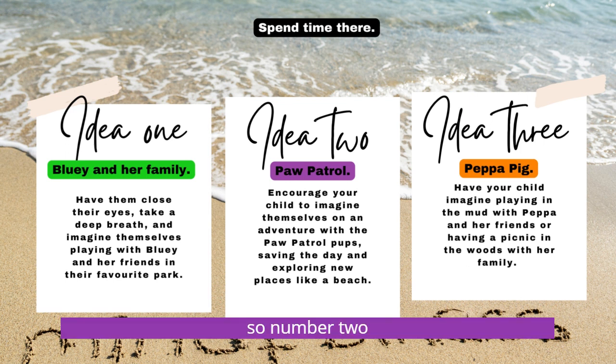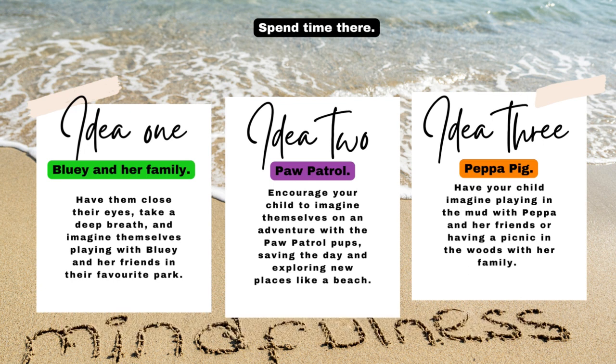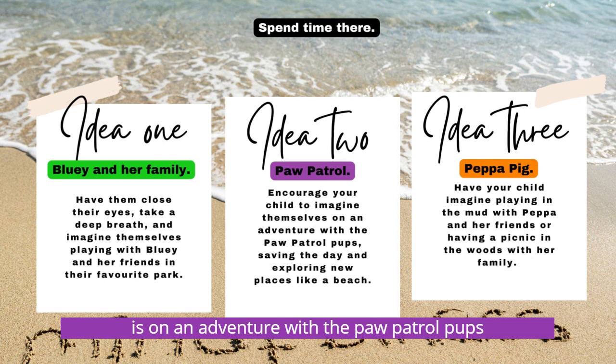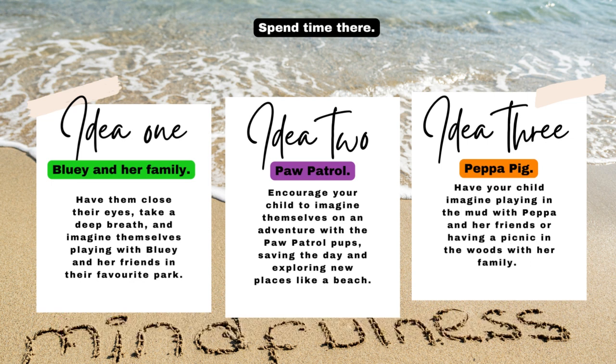So number two, another popular TV show, Paw Patrol. Imagine your child is on an adventure with the Paw Patrol pups, and he saves the day and explores new places. The beach is a very, very popular one for children because there are lots of sounds at the beach.